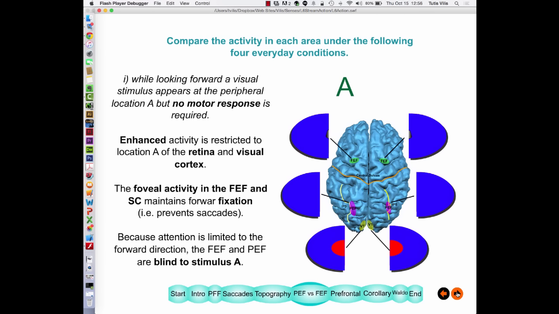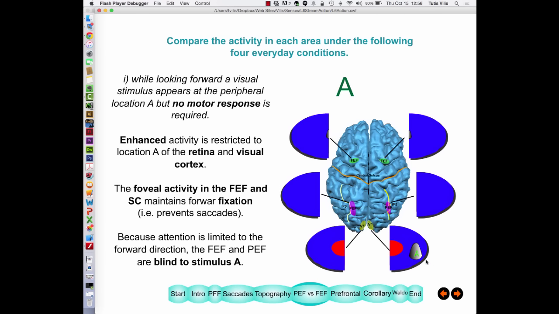So the first one is this A flashes on over here, and you're asked to maintain fixation. So keep looking straight ahead and not focus your attention on letter A, ignore letter A. What would happen in your cortex?